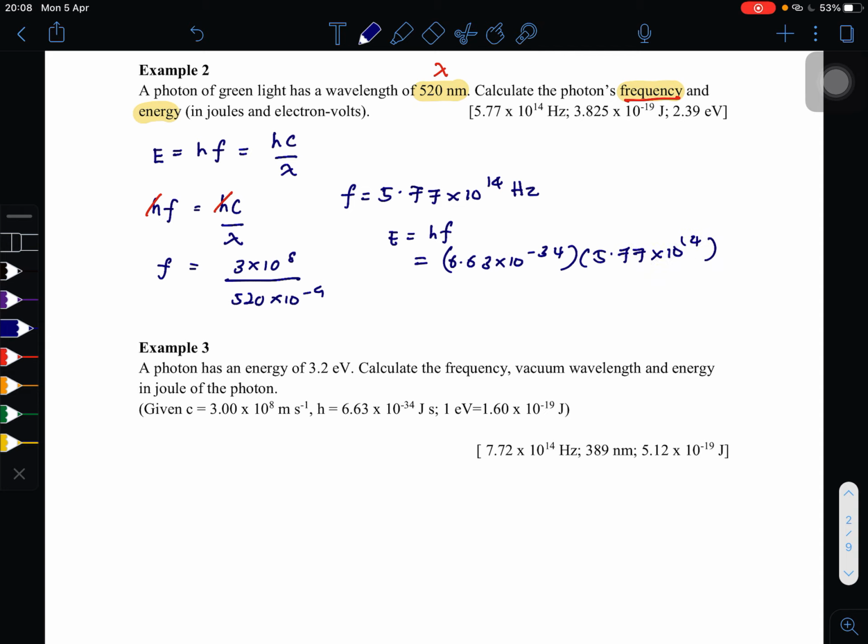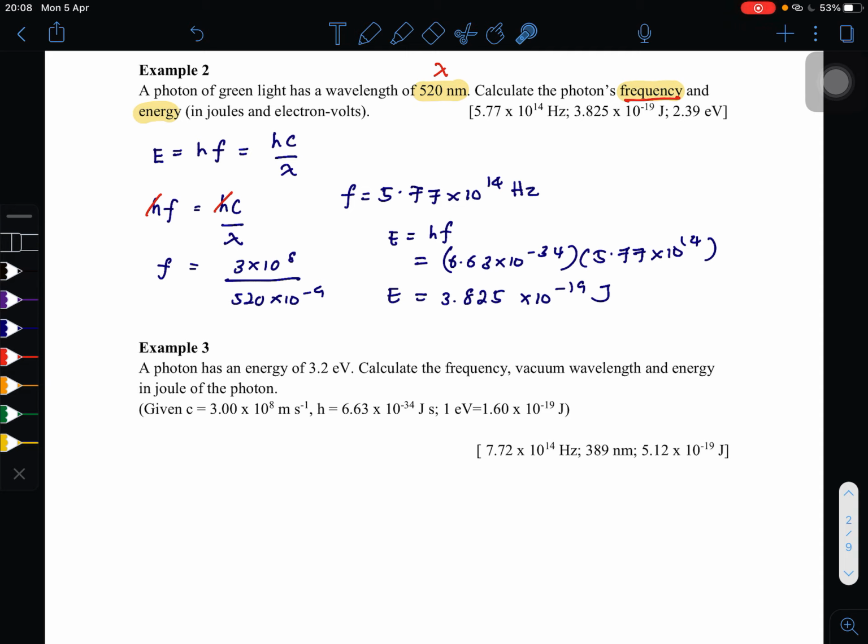So akan dapat energy is equal to 3.825 exponent negative 19 joule.